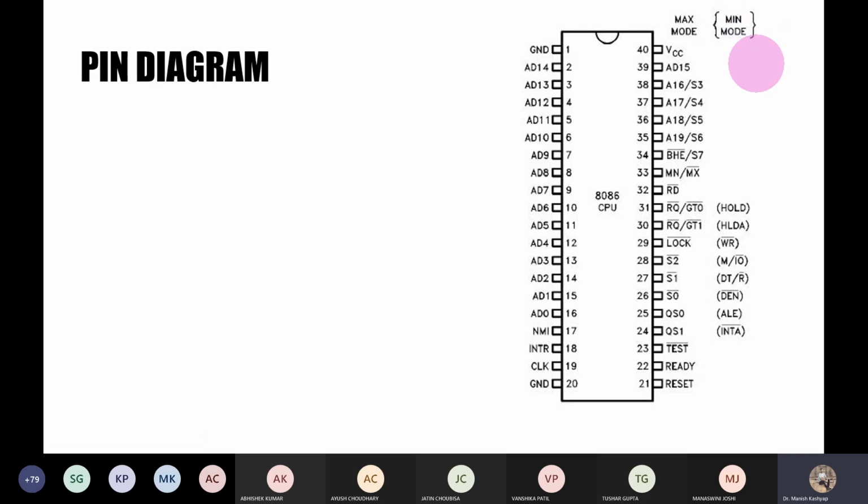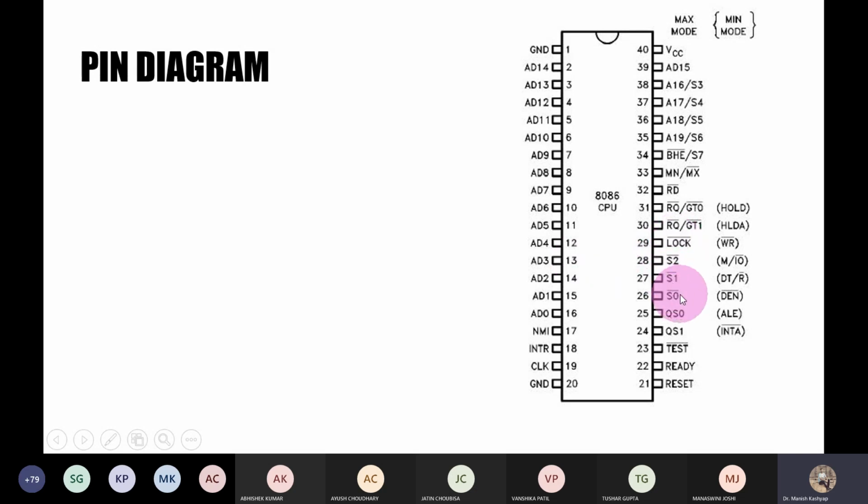So even if the 8086 was giving its control of the internal buses to other peripherals, those peripherals would only be requesting a data transfer. But when the control is given to another microprocessor, it might want some more. So in the interest of 8086 itself, it has a lock pin, which when activated will lock the internal buses of the system, right?